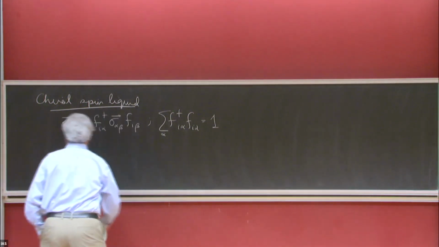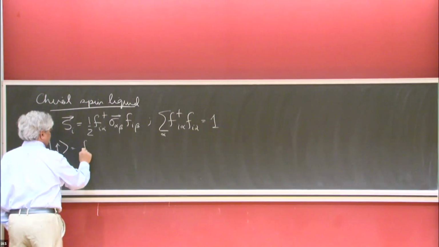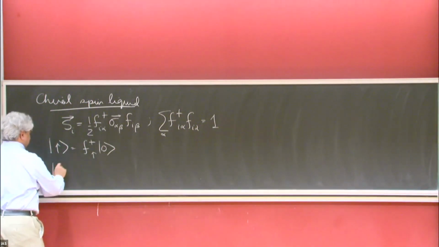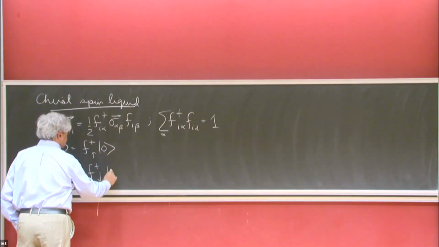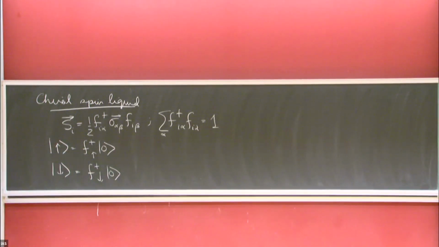So the Hilbert space of states on each site is the up state, which we think of as the fermion acting on the fermion vacuum, and the down state, which is the other fermion. Okay, so this is exactly what we did for the Z2 spin liquid, except using fermions rather than bosons.